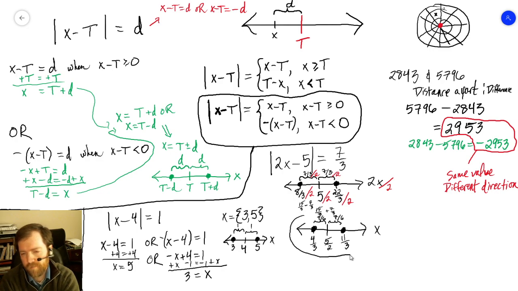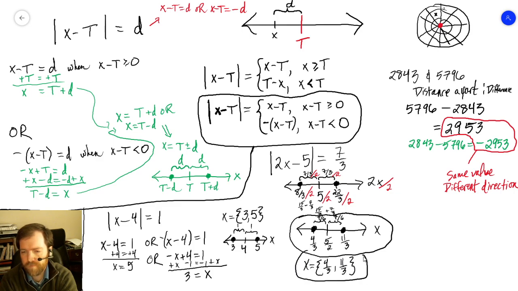So number line wise, this kind of pseudo graphical method is showing us that we get these two values, x equals 4/3 or 11/3, as our two solutions. I haven't done any seriously hard math or arithmetic here.